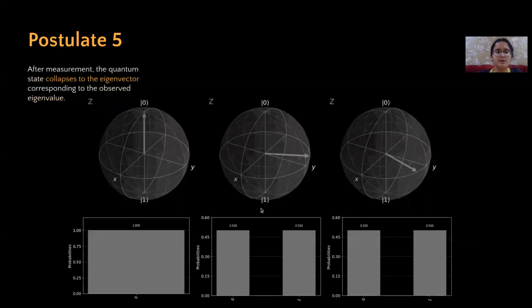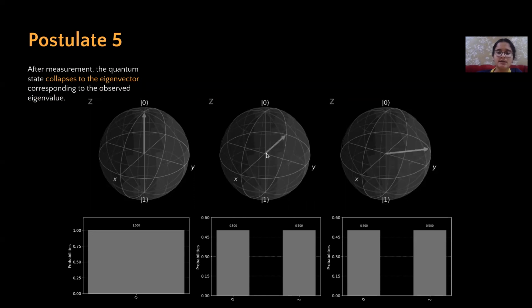So the fifth postulate tells us that once you've measured the qubit, it collapses. And again, it collapses into one of the eigenvectors of the given operator, which in this case is the z-axis. Therefore, the possible eigenvectors are ket 0 and ket 1. When the qubit is in the ket 0 state, it has 100% probability of being in the ket 0 state. But if it is in the positive y direction initially, and we measure it, then it has 50-50 chances of being ket 0 and ket 1.